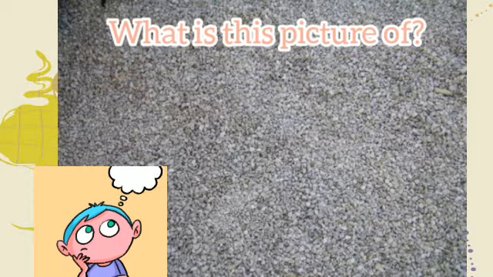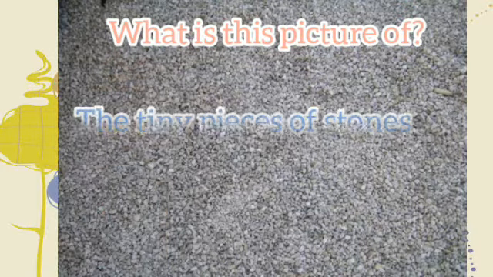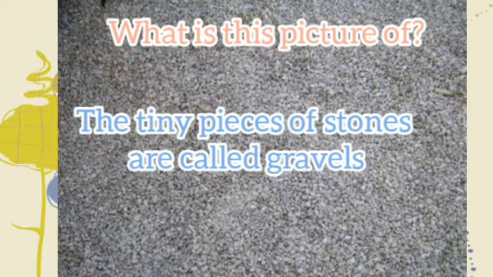What are they called? Pieces of rocks are called stones. Then we saw the round pieces of rocks are called pebbles. What about these tiny pieces of stones now? What are they called? The tiny pieces of stones are called gravels.